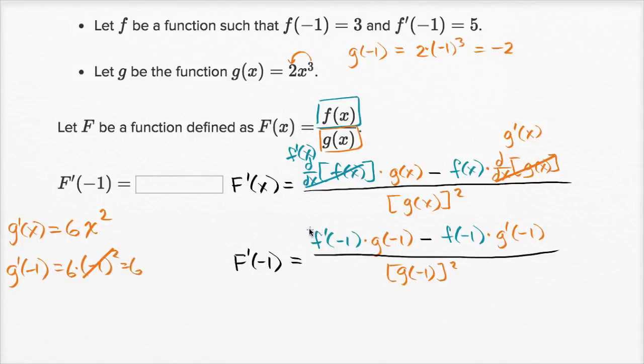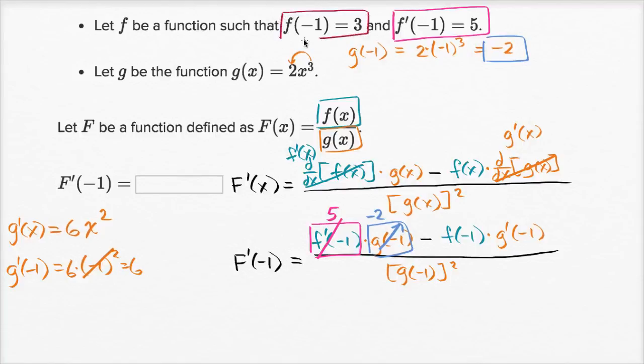So first we want to figure out f prime of negative 1. Well, they tell us that right over here. f prime of negative 1 is equal to 5. So that is 5. g of negative 1, well, we figured that right here. g of negative 1 is negative 2. So this is negative 2. f of negative 1, they tell us that right over there.